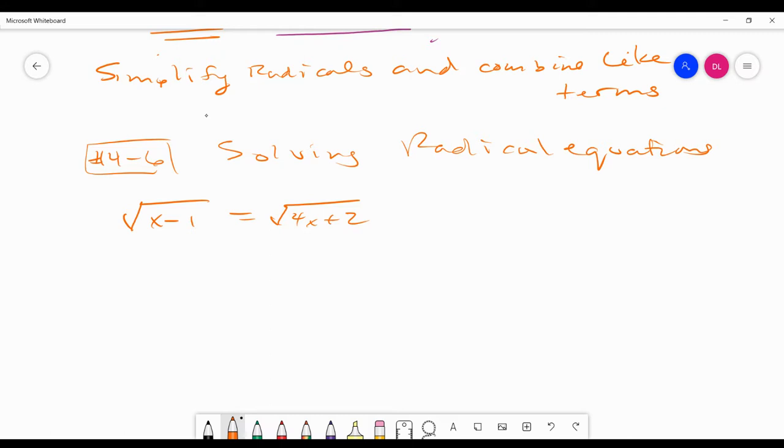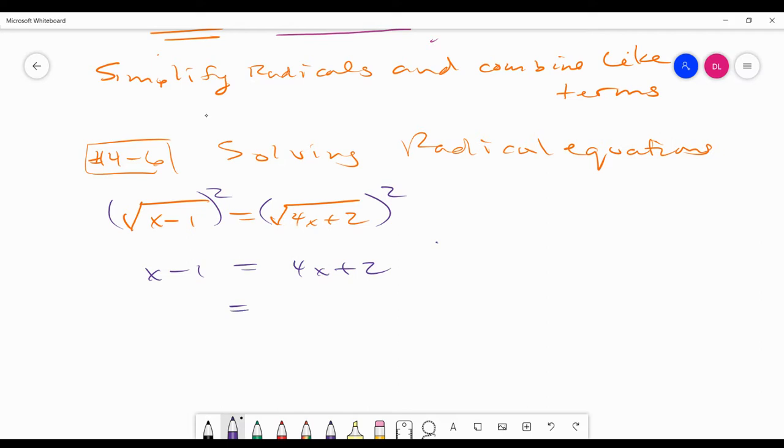So it's just like before. If I want to get rid of a radical, I multiply it by its inverse. If I square this, I get x minus 1. And if I square this, I get 4x plus 2. Okay? So then I just solve from there.